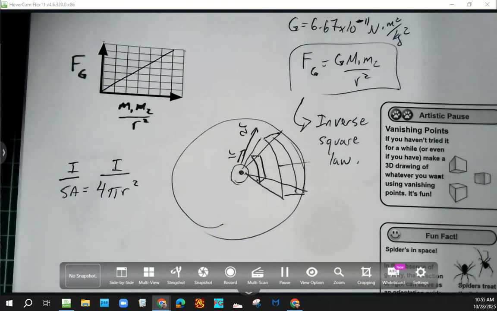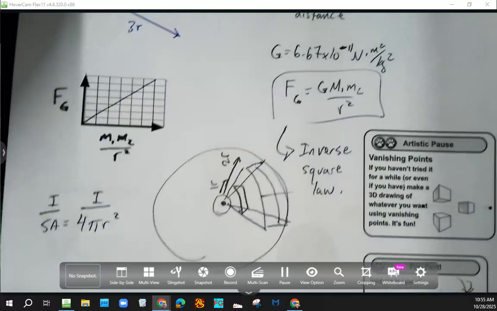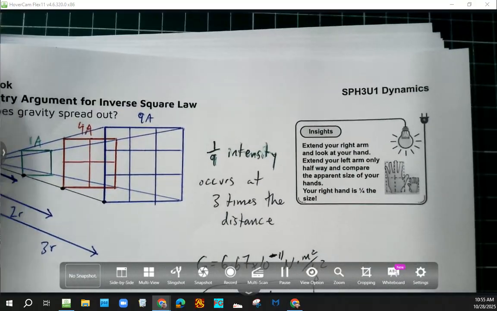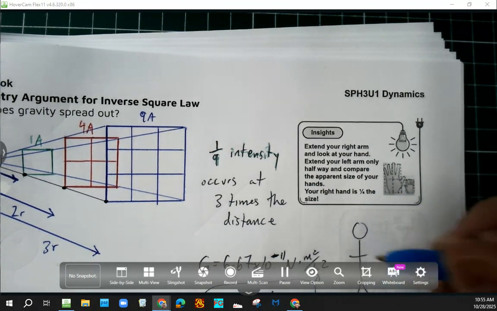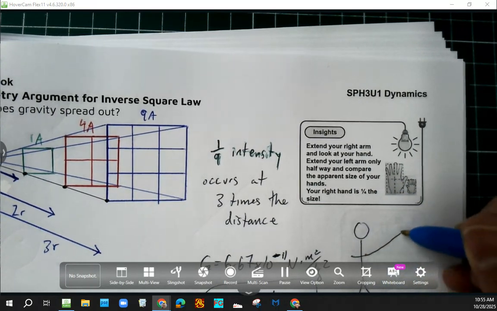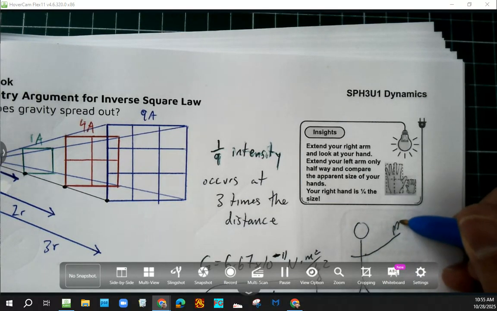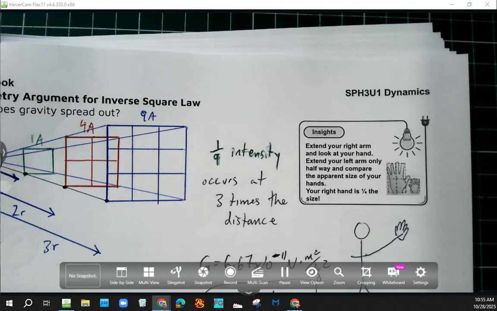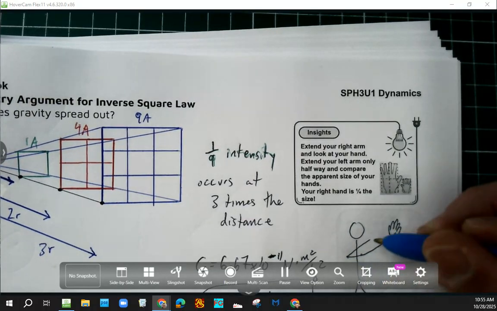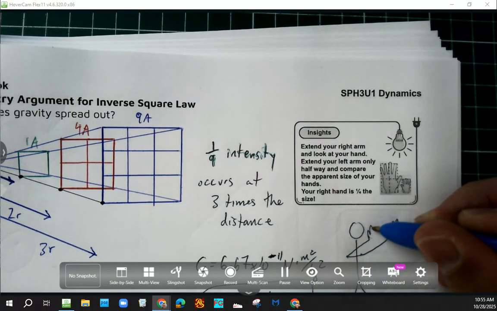Now, if you wanted to play around with this and try out inverse square laws with a quick experiment, take your hand, put it in front of your face. So here's a person, and we put the hand way out here. Here is the hand. And then we take another hand, and we put that other hand in front of your face, but not as far away.